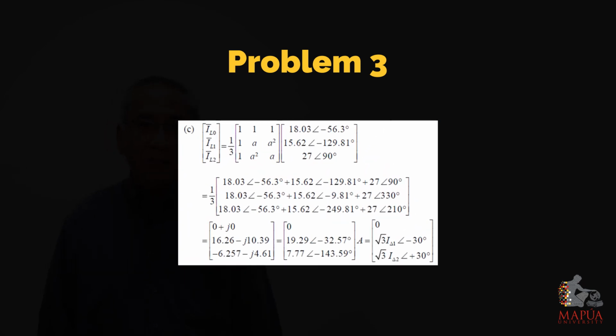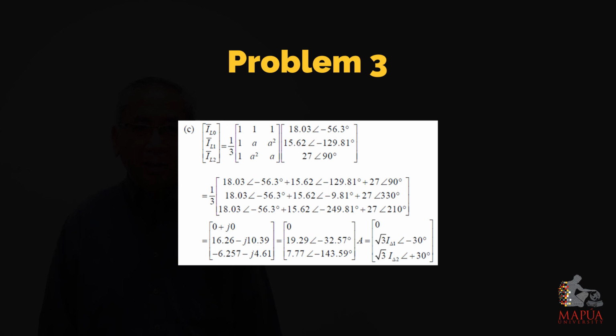And for letter C, the sequence currents of the line are equal to 1/3 multiplied by the inverse of the A matrix multiplied by the line currents IA, IB, and IC. And that gives us IL0 equal to 0, IL1 equal to 19.29 angle of negative 32.57 degrees, which is also equal to the square root of 3 multiplied by I delta 1 angle of negative 30 degrees.